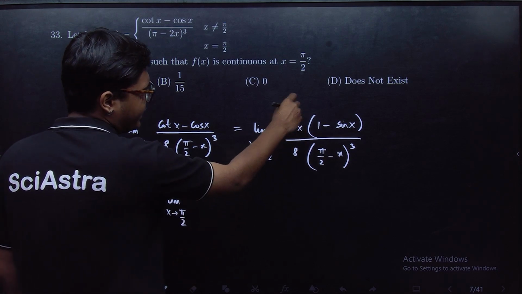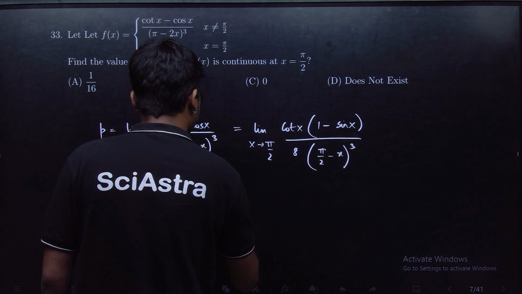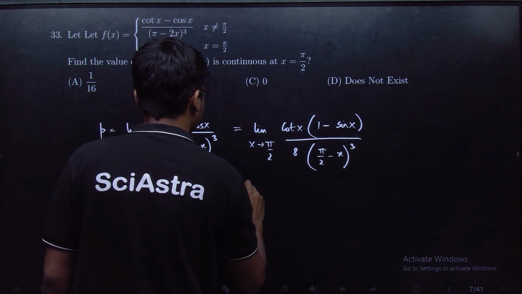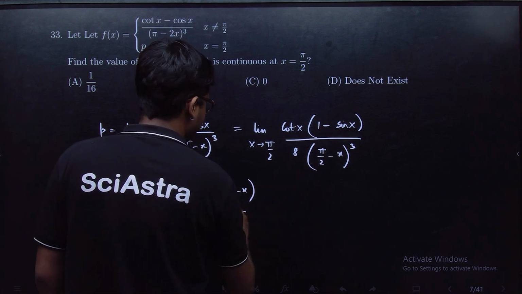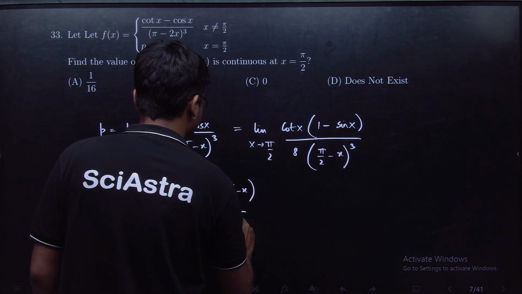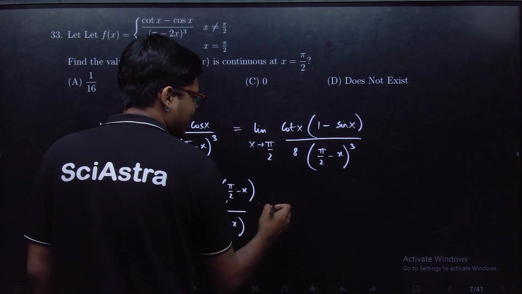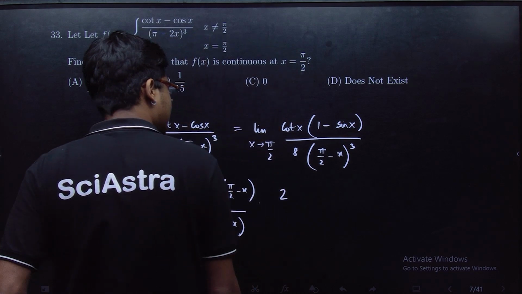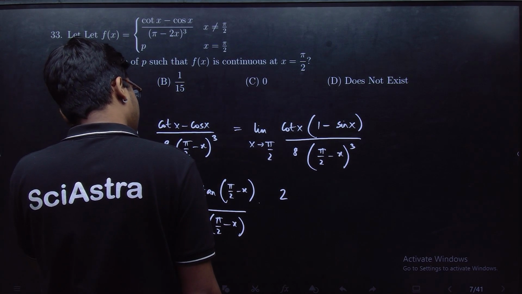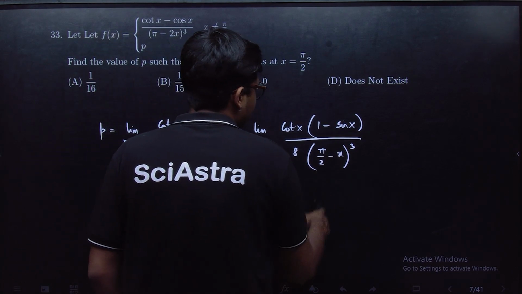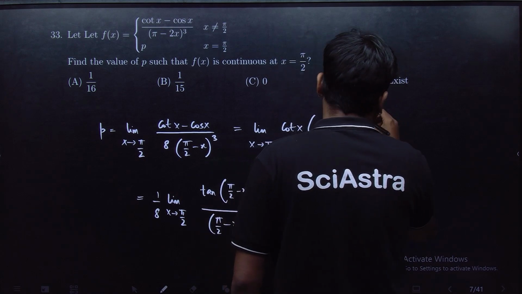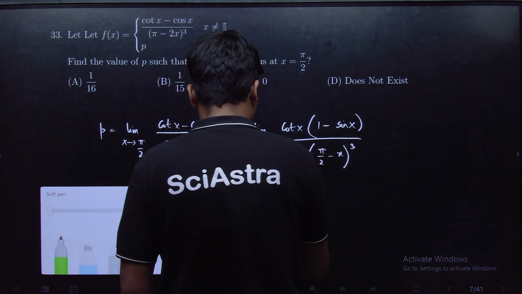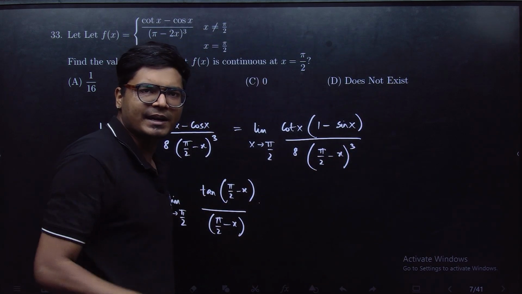Now the first component, cot x, can be written as tan of (pi by 2 minus x). And let's take one of these (pi by 2 minus x)'s and keep it with this, right? Times 1 minus sin x. Let's just focus on this part, okay? Basically I want to bring everything in terms of pi by 2 minus x, right?